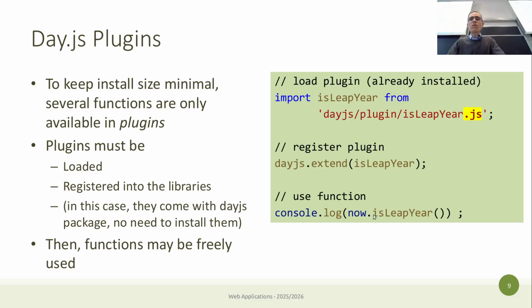So, in short, you have no method islib_here until you import this file. Why? That's the way they chose to develop the library. They didn't agree in the beginning, probably, with the guys of Moment.js, as I told you before. That's the result.